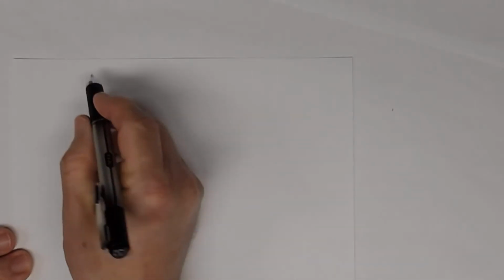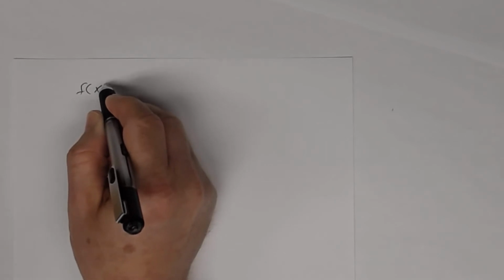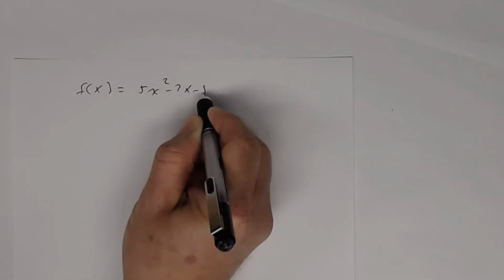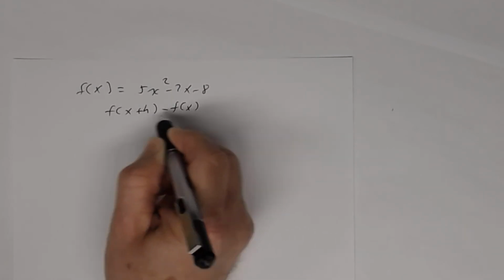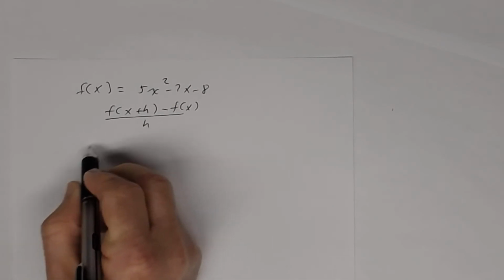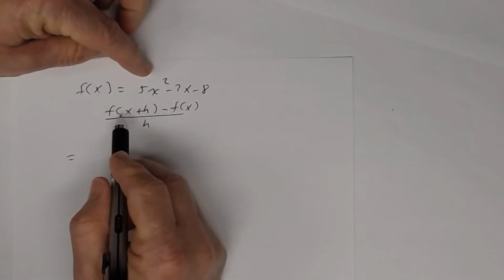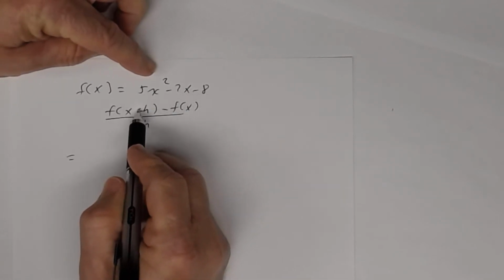All right, so let's do number 2 again, except this time we're going to just go ahead and put everything together at once. So remember, that was my function, and that was the difference quotient right here. And let's go ahead and find the difference quotient. So that's going to equal. So remember what this first part means. This first part here means I go to my function, and wherever we see the variable x, I substitute x plus h.